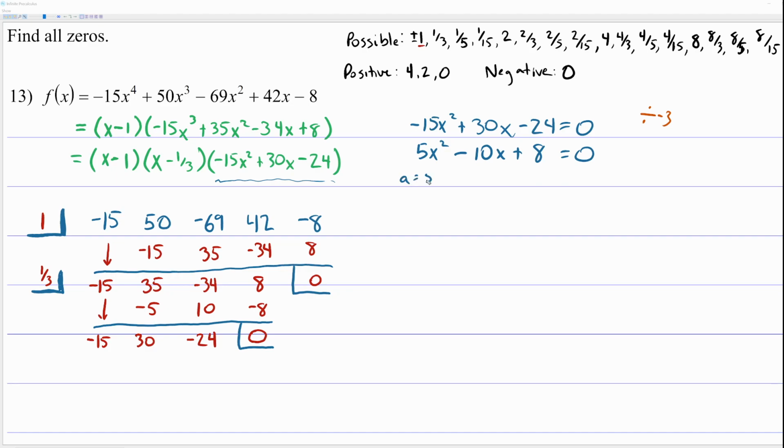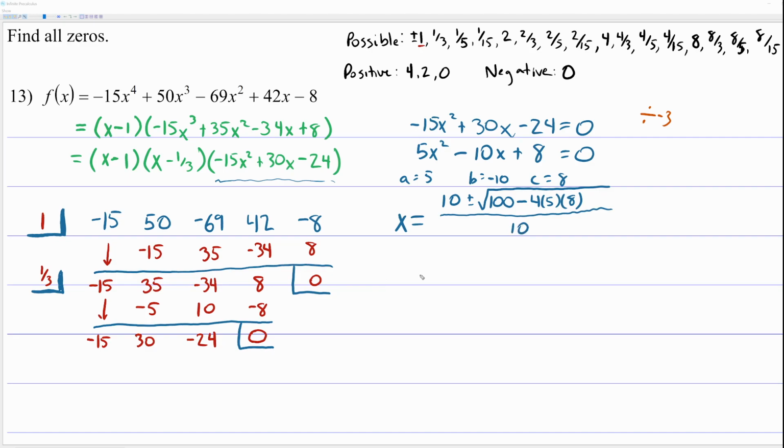So we have a is equal to 5, b is equal to -10, and c is equal to 8. So our last 2 zeros are going to be, let's see, x equals negative b plus or minus the square root of b squared, which is 100, minus 4 times 5 times 8, so minus 4ac, all over 2a.